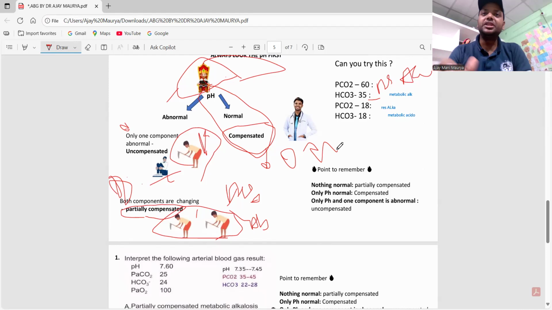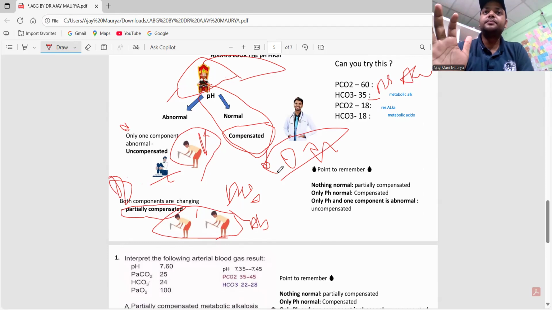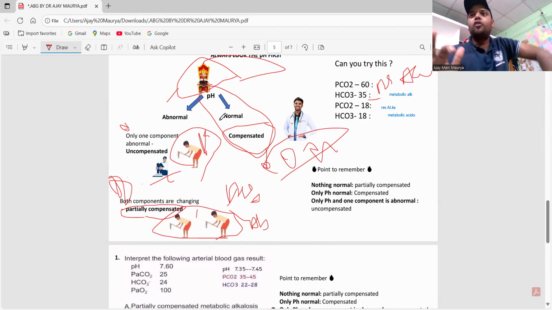So these two values will be different, they will be changing. It means the pH is normal, only the pH is normal. I think this is the perfect example of the big brother of the family, the first child of the family.